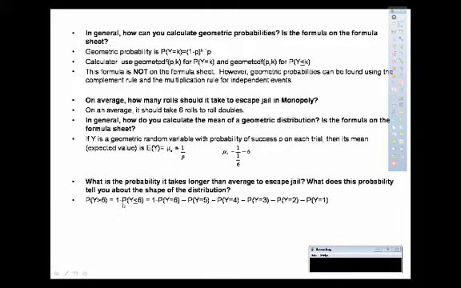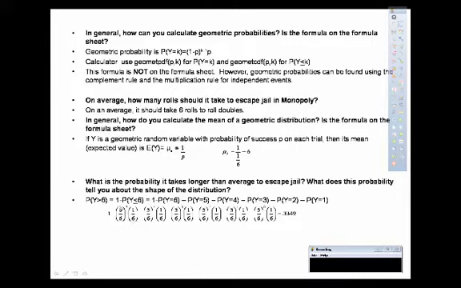Since we want greater than, we're going to use the complement rule: 1 minus the probability that y is less than or equal to 6, which is 1 minus the probability that y equals 6, minus the probability that y equals 5, minus the probability that y equals 4, minus the probability that y equals 3, etc., all the way down to the probability that y equals 1. So this is that probability.